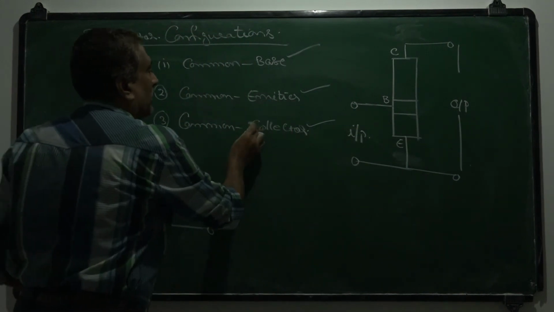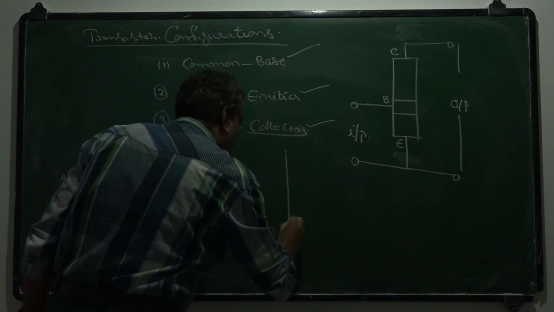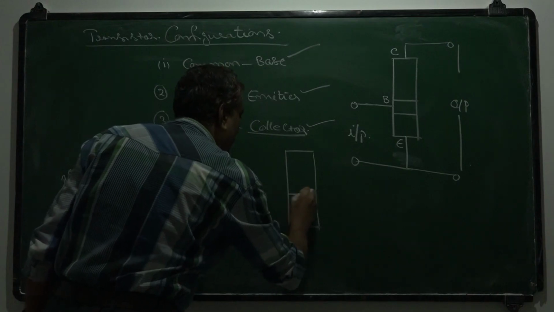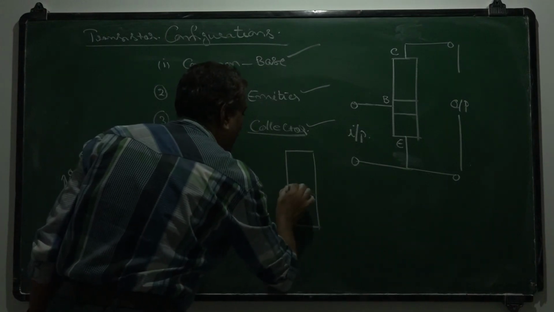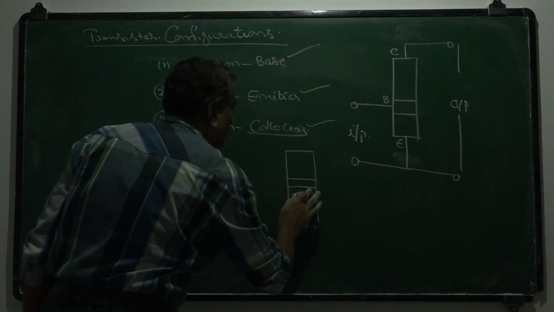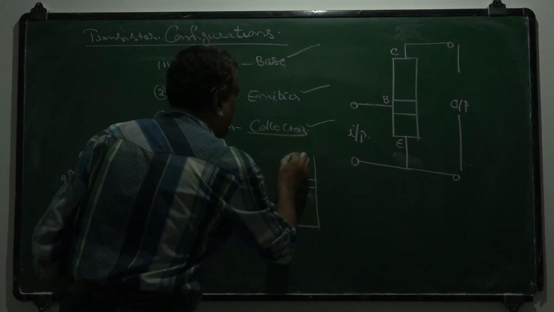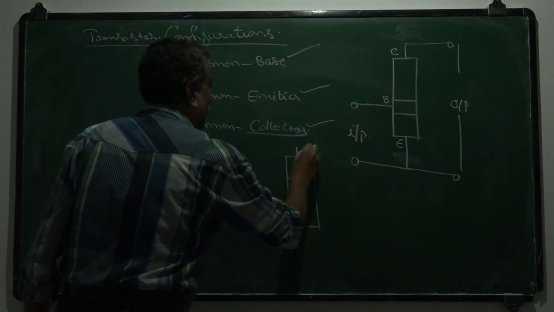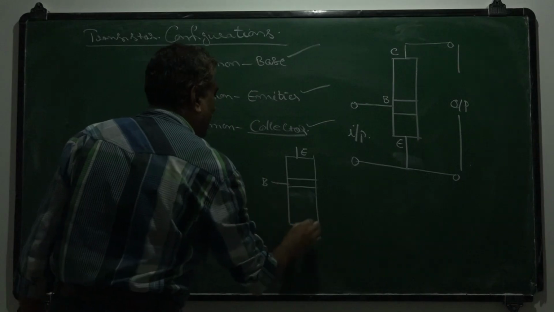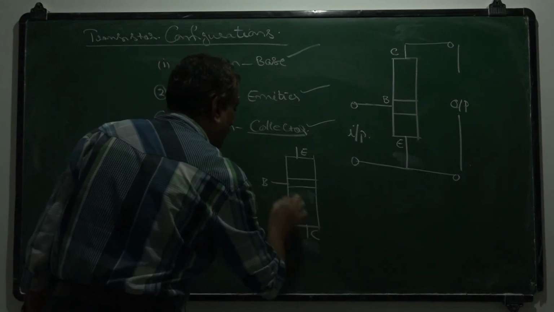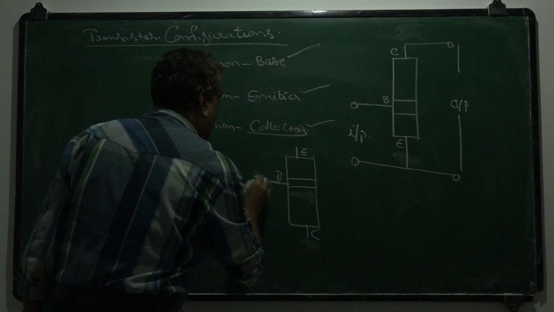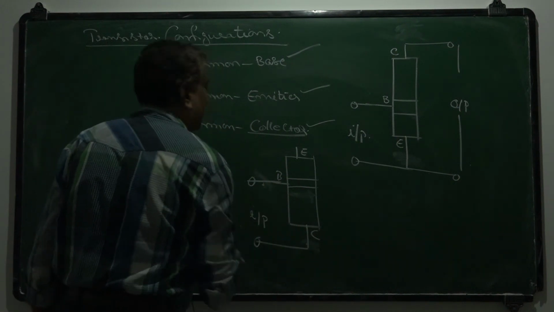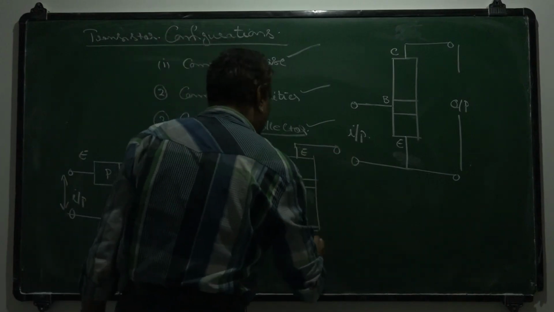Now the third one is common collector. In this one, like this, this is emitter, base, collector. In this, input is taken between base and collector and output is taken between emitter and collector.